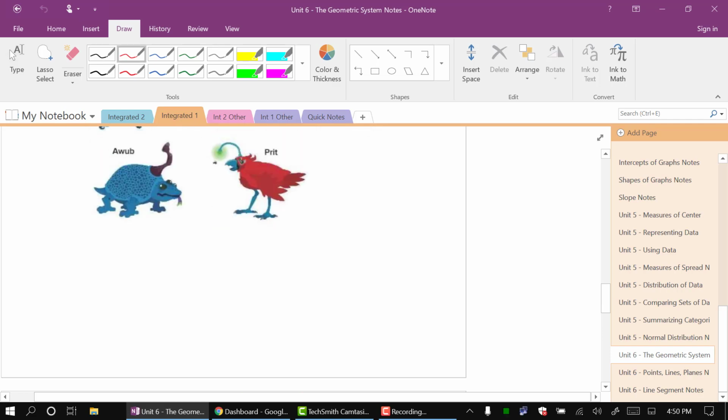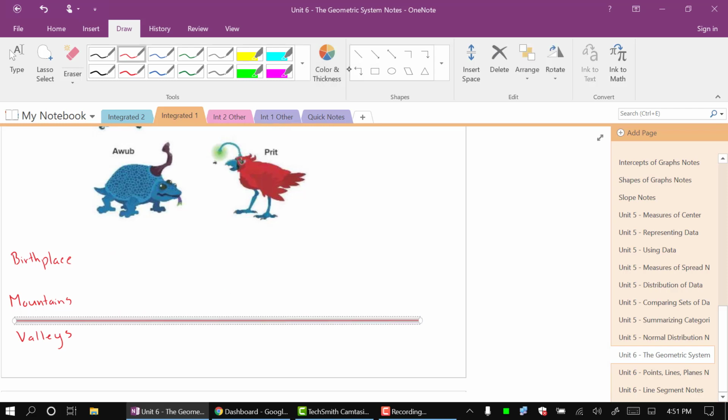So we have the birthplace of these animals, and the birthplaces are mountains and valleys. And then we have the different types of animals.